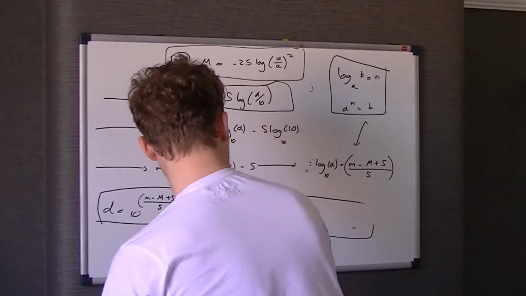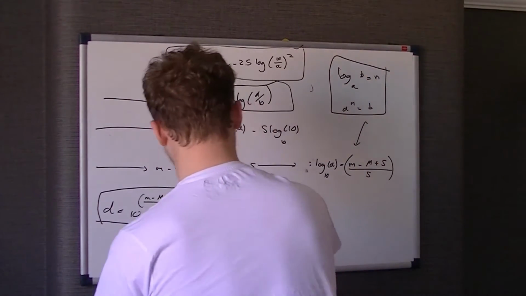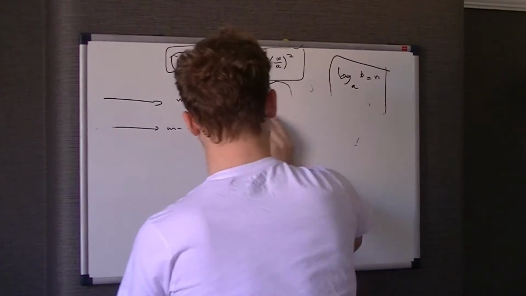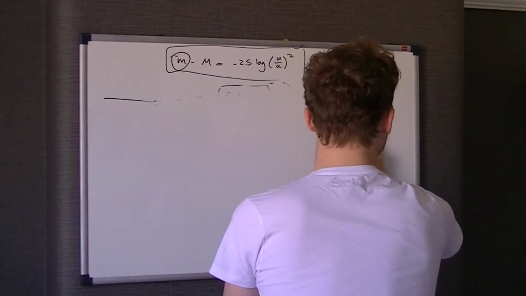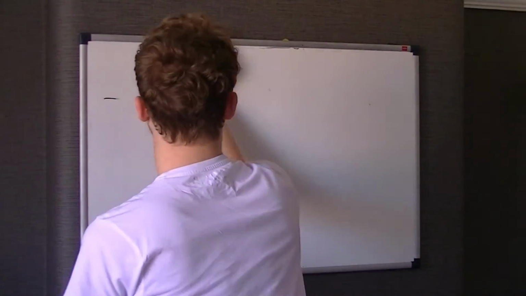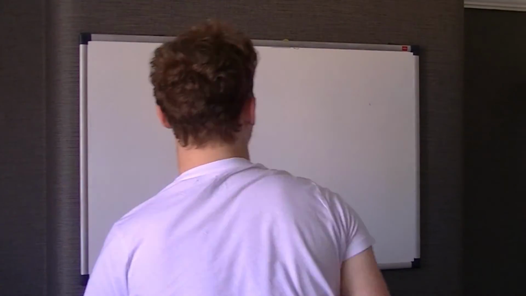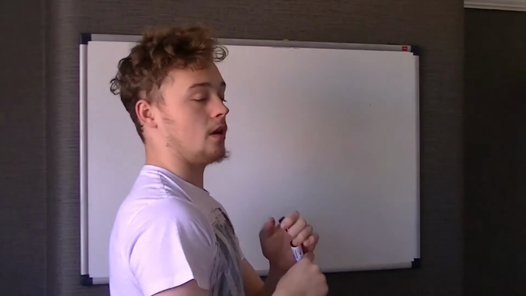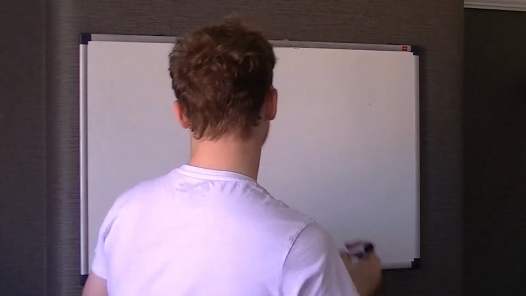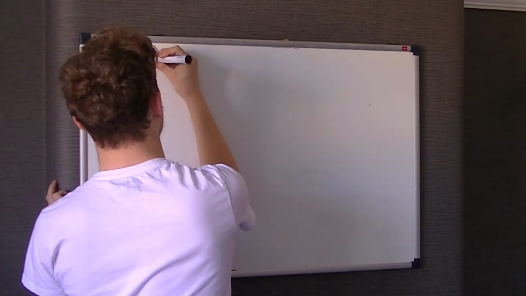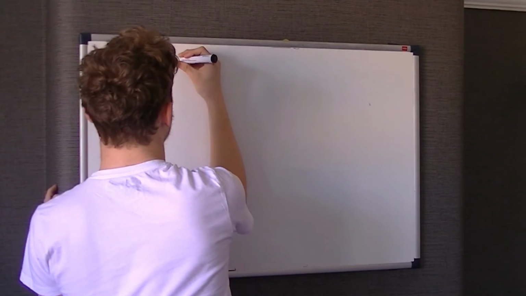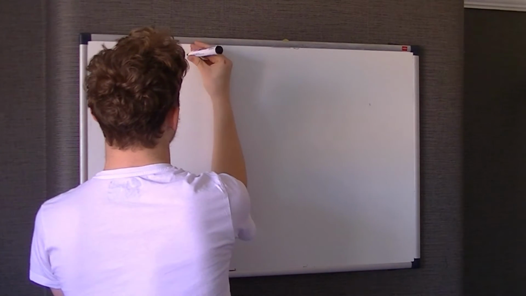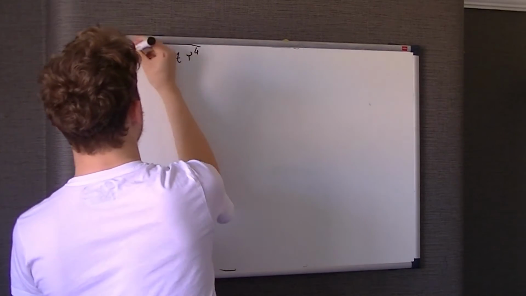I'm going to start by looking at Stefan's law. I'll state Stefan's law, and then I'll explain a little bit about it. Okay, so Stefan's law says the power emitted by a star, in other words the energy radiated per second, is equal to sigma, which is known as the Stefan-Boltzmann constant, times the area times the temperature to the power 4.